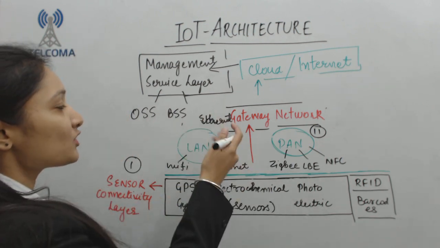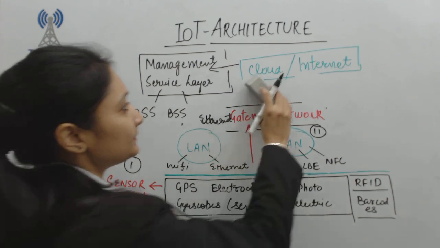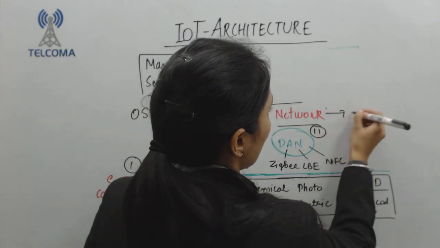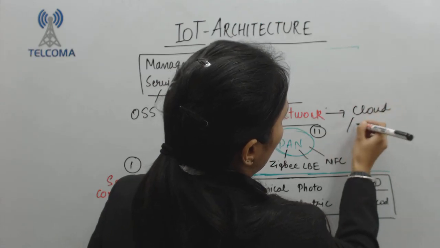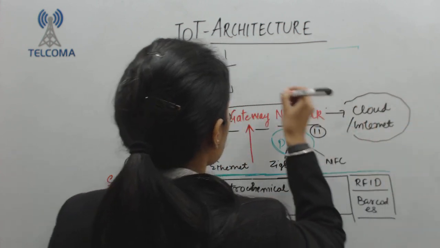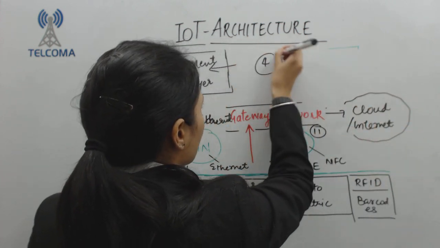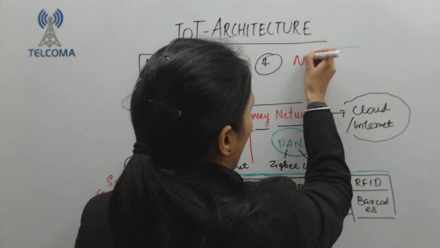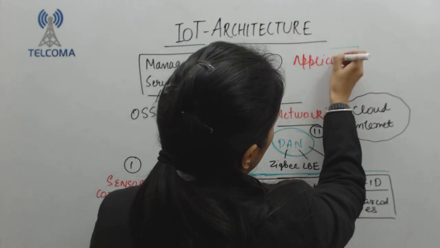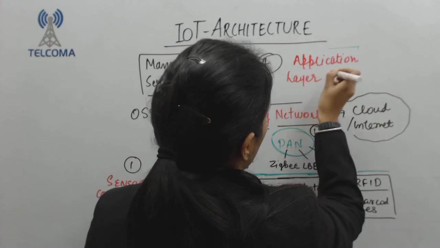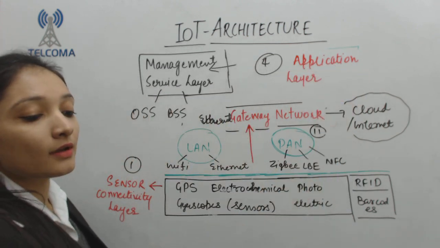So above the management service layer, we have, you can just write here, your cloud and internet services. But the fourth one, which we have here, is your consumer layer. That is, we can classify it as your application layer here, which includes numerous applications.